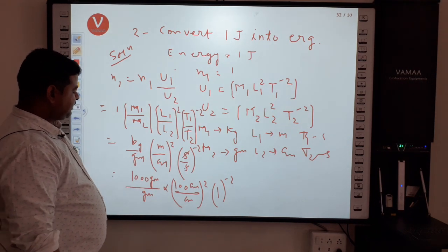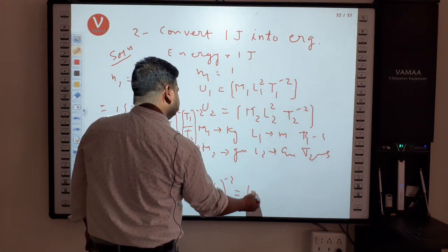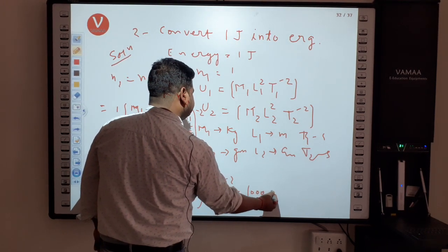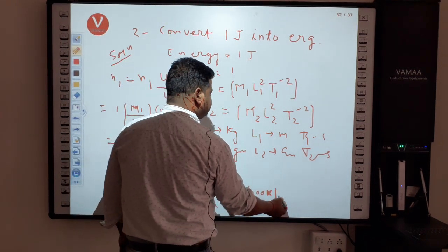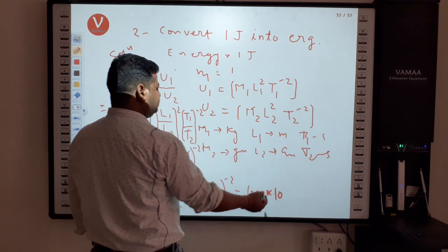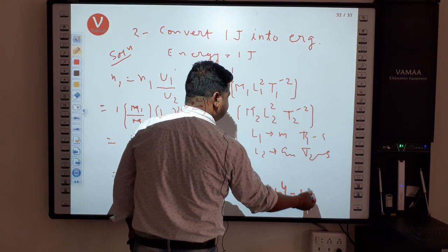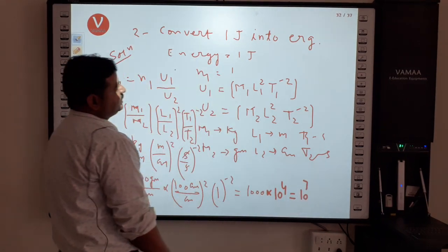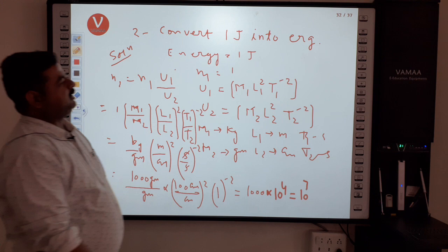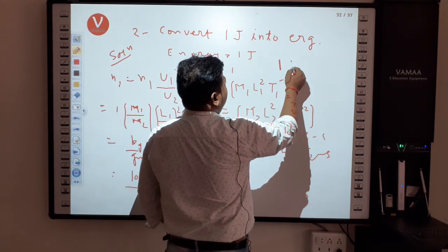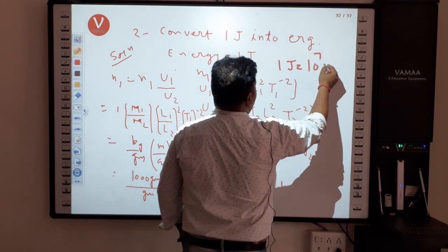Finally, after simplification, we get 1000 multiplied by 10 raised to power 4, that is equal to 10 raised to power 7. Hence, from this calculation it is clear that 1 joule is equal to 10 raised to power 7 erg.